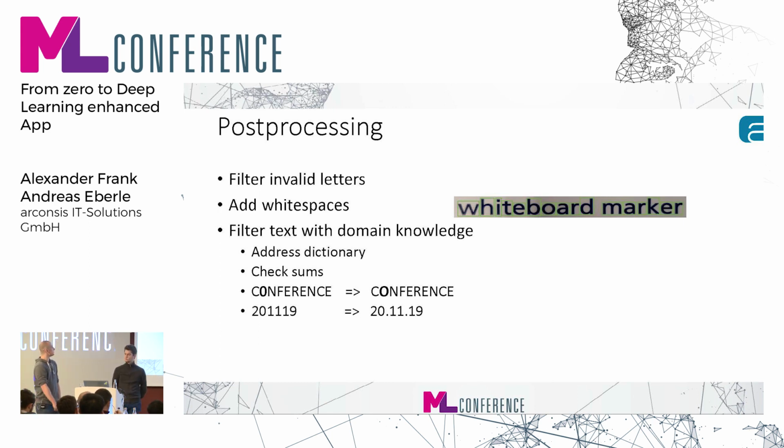Then we apply some domain knowledge about the document or the sections that we know from the document. For example, if we know that's an address, run it through an address detection just to clean that up. Or use some kind of checksums if we know there are checksums in the document, so that we can know that the result we got is really valid.